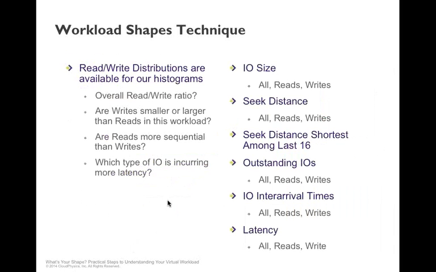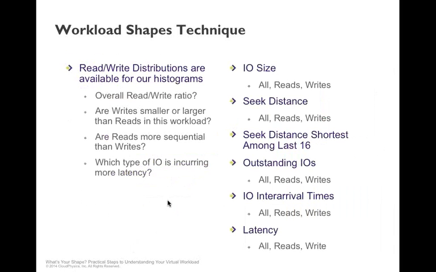If you have access to the overall read-write ratio, you can answer dozens of questions. For example, are writes smaller or larger than reads in this workload? Very interesting. It allows you to tune reads versus writes for your critical workloads very easily. Are reads more sequential than writes? Again, very interesting. Write sequentiality is very easy to optimize for in some cases. In other cases, it doesn't matter, say for NetApp, it hardly matters.